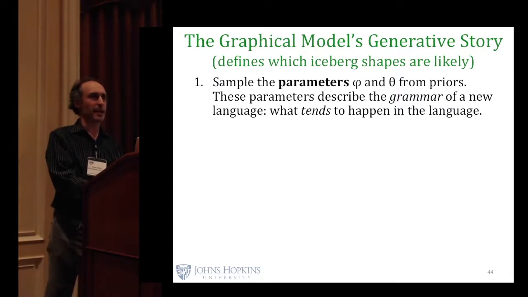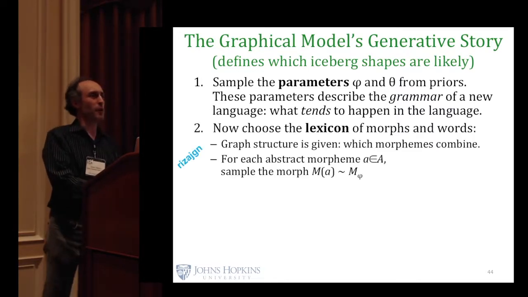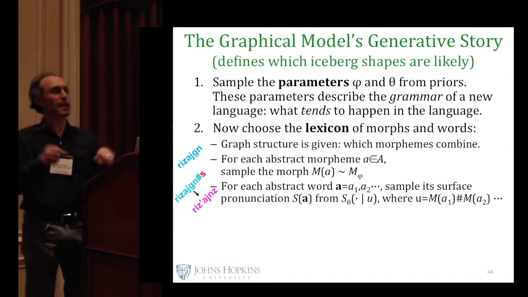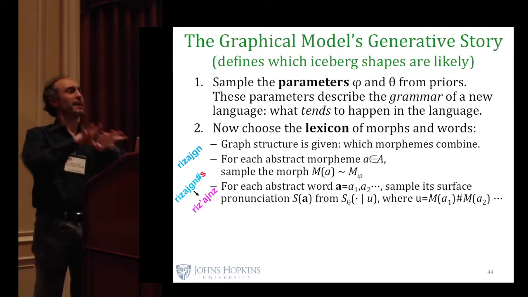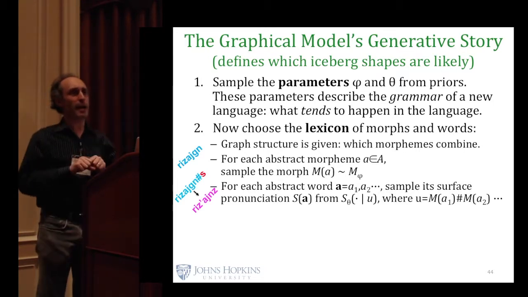And theta is telling us what phonological changes are common in this language. And then we generate a lexicon of types. So this is going to be morphs and words. So for every abstract morpheme, we choose its concrete morph, so some sequence of segments. And then for every word, we say, okay, concatenate the morphemes, and then decide how it's going to come out. So sing plus ed, will that come out as singed, or singed, or sang?